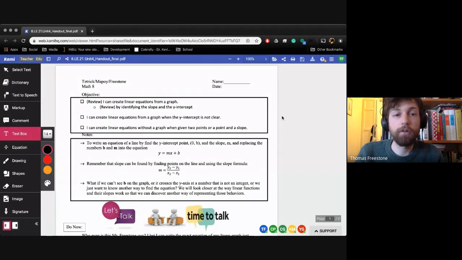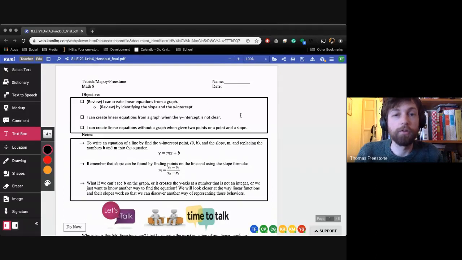In the video, I do a little bit of explaining how this lesson is review a little bit at the beginning from lesson 20. So we've already done a little bit of work with graphing equations of lines, but we've always done it before by identifying the slope and the y-intercept of a graph.